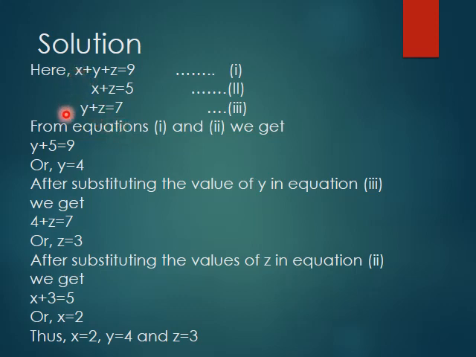So we get the value of y as 4, and if we substitute the value of y in equation 3, 4 plus z is equal to 7 and z is equal to 7 minus 4, that is 3. And now if we substitute the value of z in the second equation, we get the value of x as 2. So we can apply the concept of equality of matrices to find the unknown values.